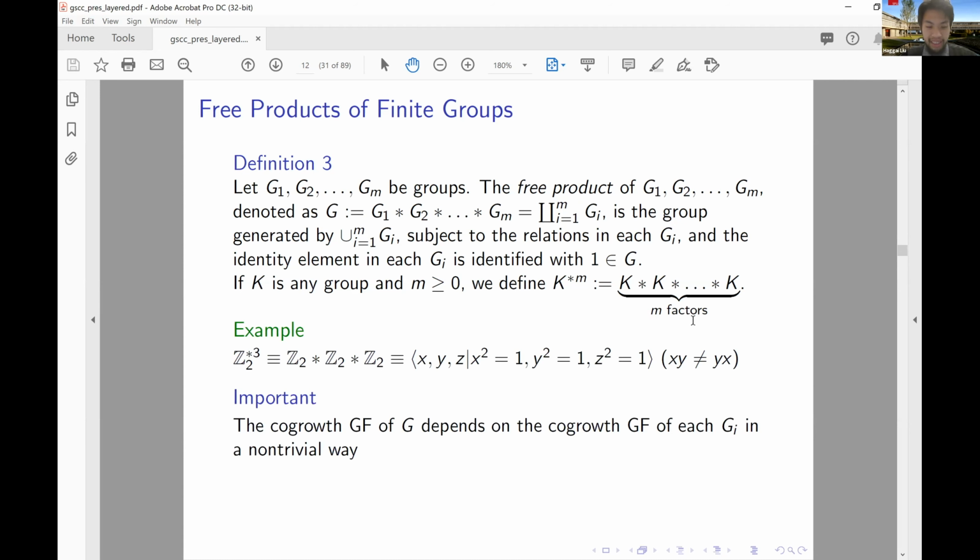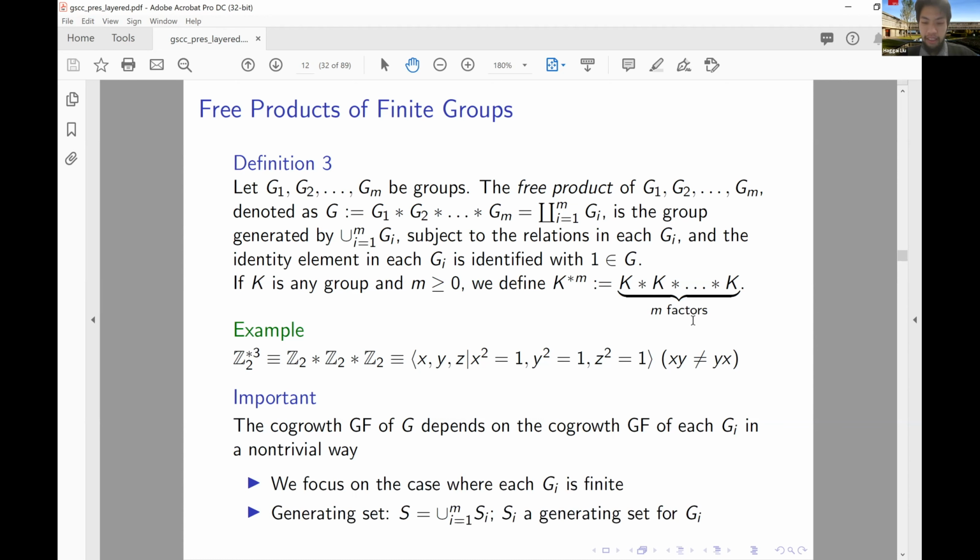What's important here is that the cogrowth generating function of G depends on that of each of the G_i, but non-trivially. What I mean is, if I know the answer for each of my free factors, I know the answer for my free product, but the way we get the answer is not that straightforward.